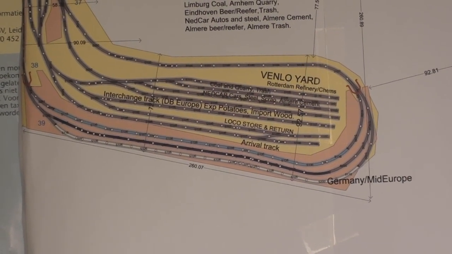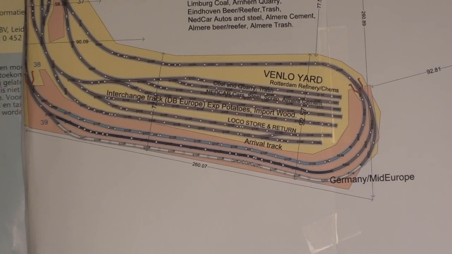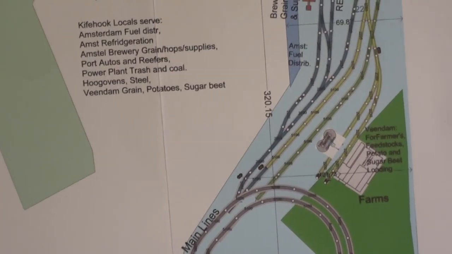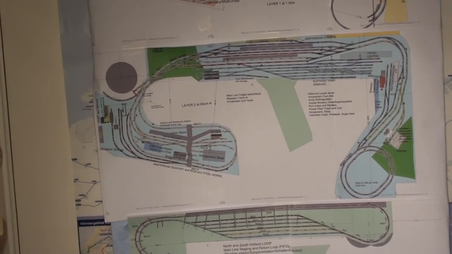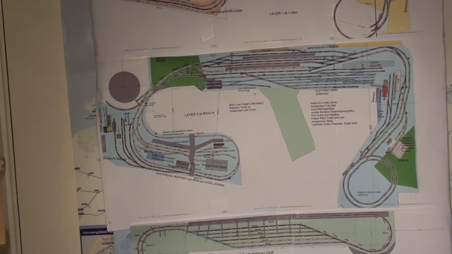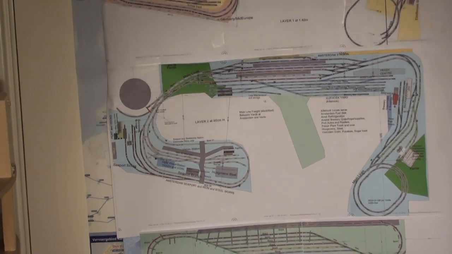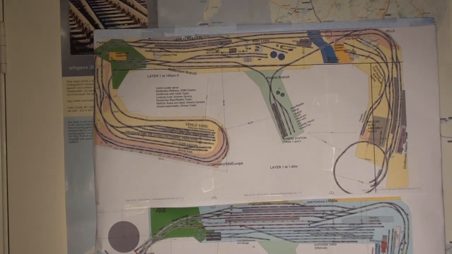So that's the local train operations on the upper level. Trying to get most industries working together so that they would have to use both yards and the yard transfer to make interesting operations. So the coal mine is on the upper level.